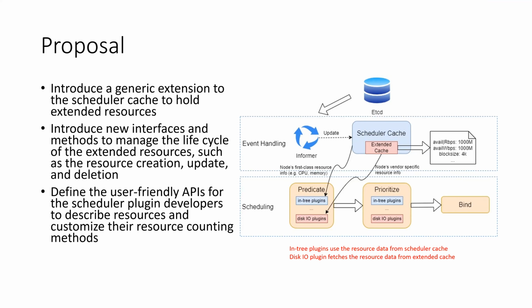But as there are two caches coexisting in the current implementation, between the in-tree plugin and the out-of-tree plugin, there is a time interval between time T1 and time T2 specified in the second page just now. And so I think our proposal can reduce the likelihood of scheduling failure in that time interval.